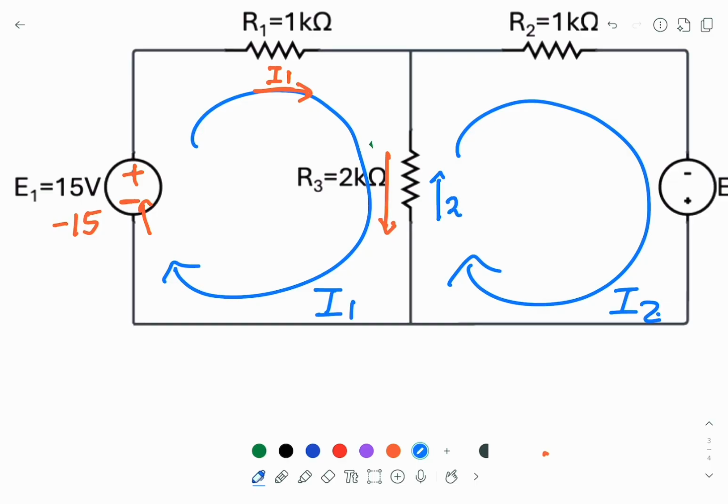So for I1, we have to push it from the top to bottom, so the current will be I1 minus I2, and the resistance is 2K. So this is the potential difference across R3 from the I1 mesh.